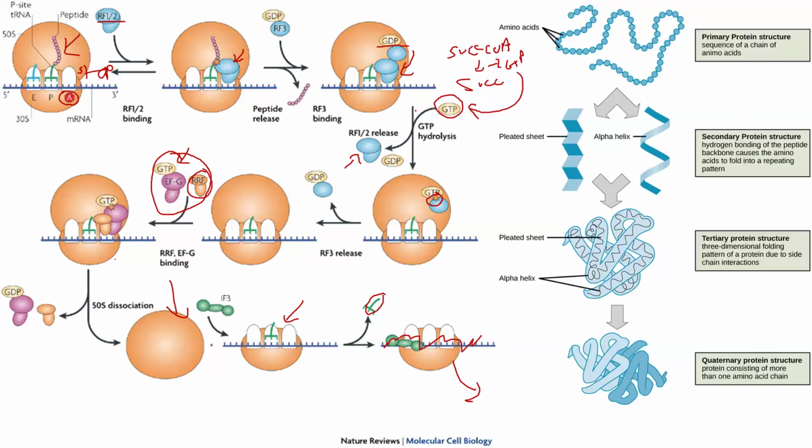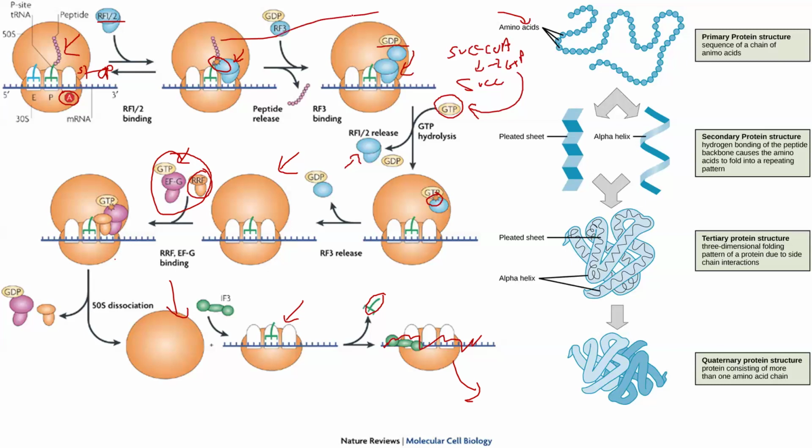So it's important to note that the first three release factors, one, two, and three, are really important for generating the energy required to release the polypeptide from the ribosome. When the polypeptide is released from the ribosome, two things have to happen. The first is the dissociation of the ribosome so it can be reused on another piece of RNA. But subsequently, the same thing with the amino acid that's released.